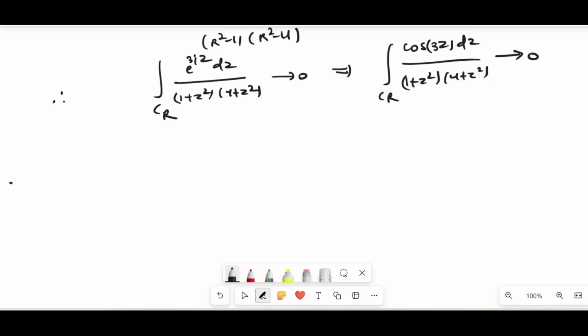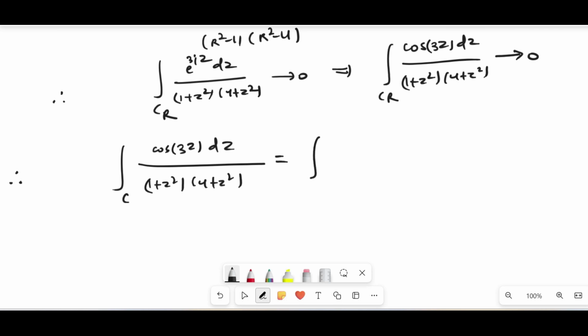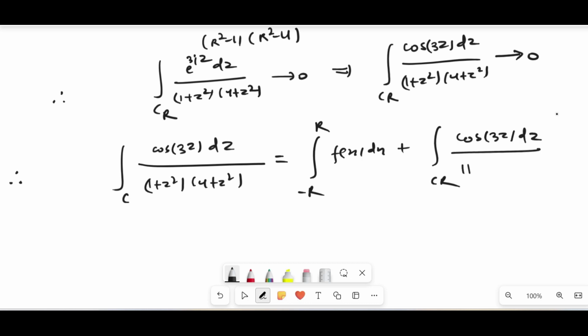Therefore the value of the integral over the curve C of cos 3z dz over (1 plus z square)(4 plus z square) is equal to the integral from negative r to r of f of x dx plus the integral over the curve C of r of cos 3z dz over (1 plus z square)(4 plus z square).